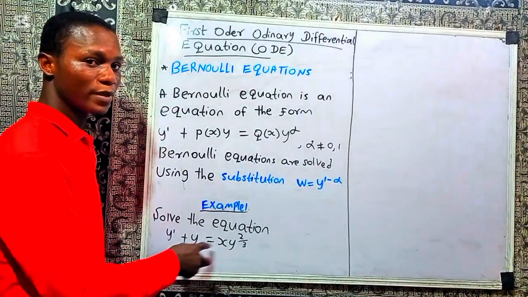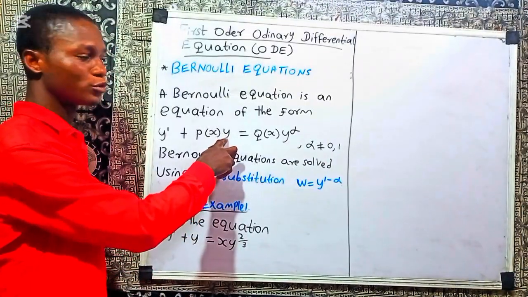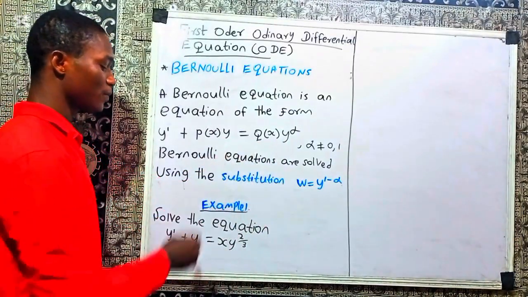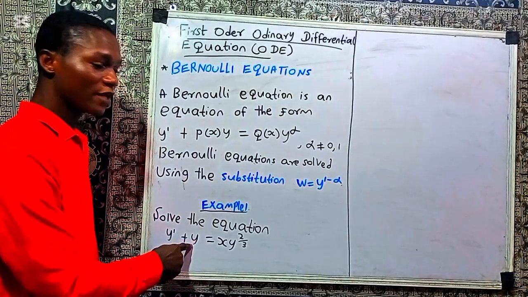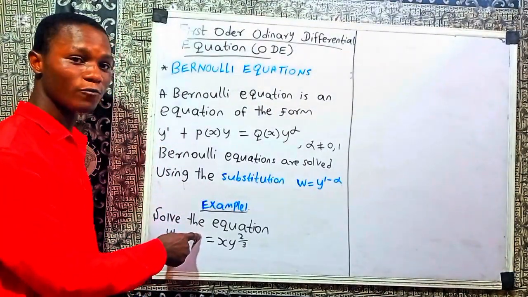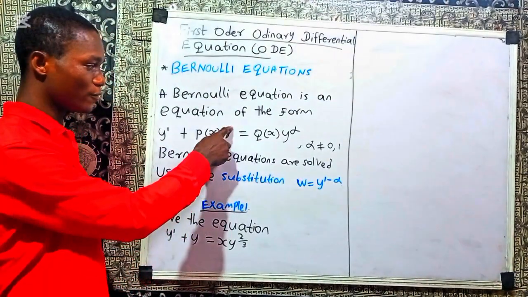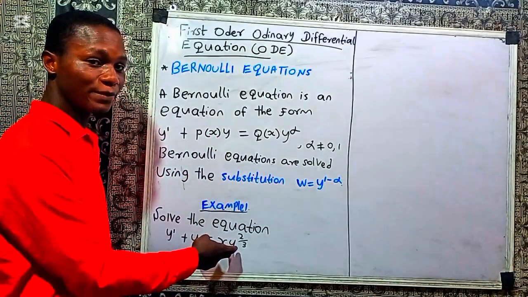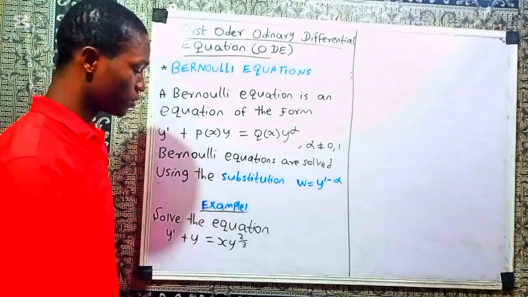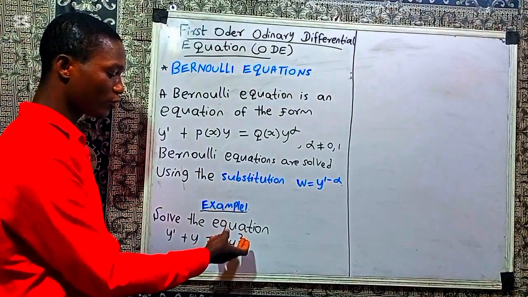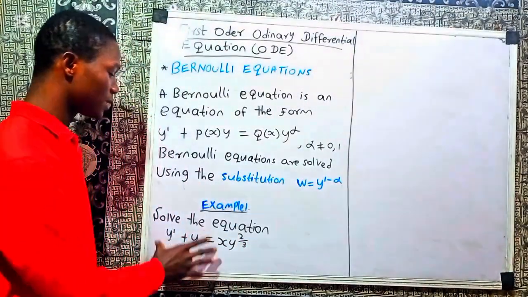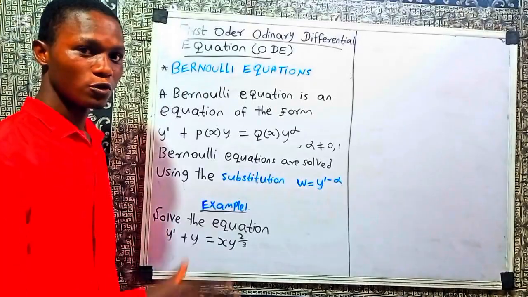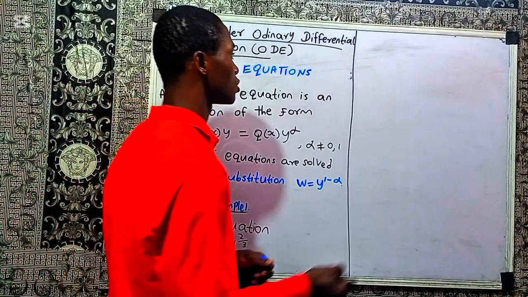Both of them contain the dependent variable, right? Then the power of one of them is 1. What is the power of y here? 1. And the power of the other is not 1 or 0. The power of y here is 2 over 3, which is not 1 and is not 0. So it is in line with the Bernoulli equation. So we can solve it. Let's look at the solution to this problem.